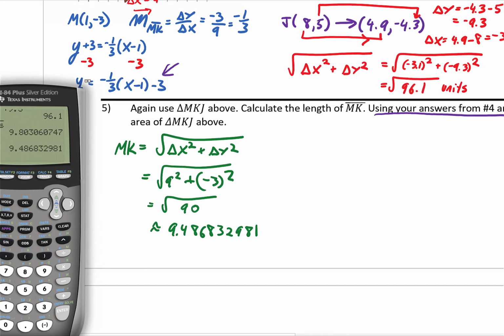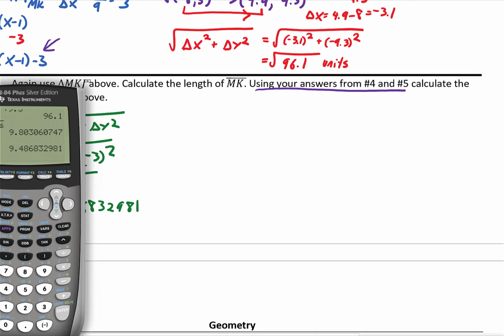All right, the next part of this question is asking, using your answers from 4 and 5, calculate the area of triangle MKJ above. Okay, well, the way you guys first learned how to do area of a triangle is you multiply the length of the base and the height, and you divide by 2.